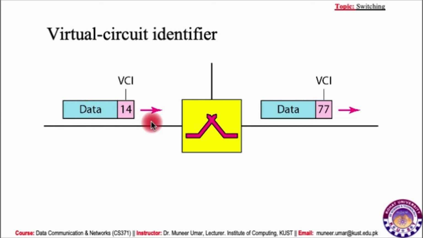When a frame arrives at a switch, it has a VCI. When it leaves, it would have a different VCI. Note one thing, that a VCI does not need to be a large number, since at each switch this VCI changes and the scope is limited to the individual switches.